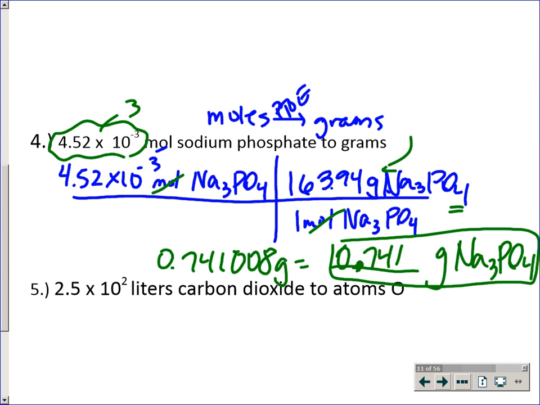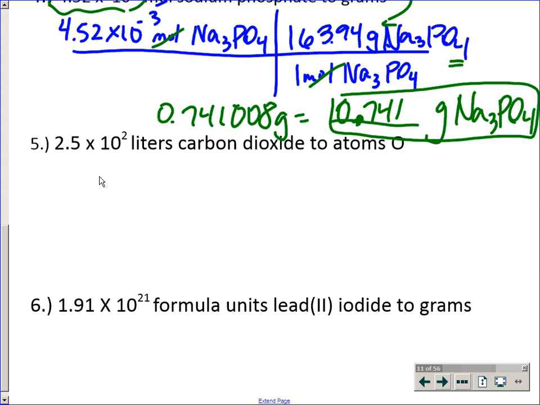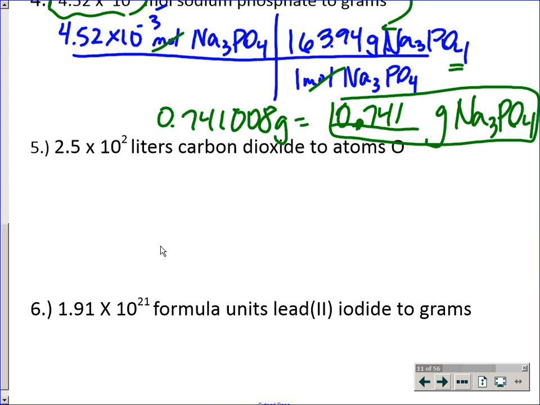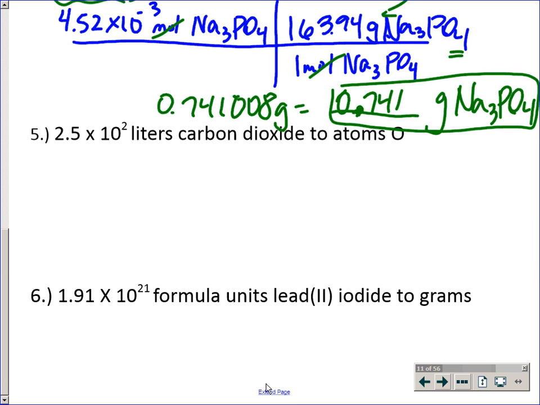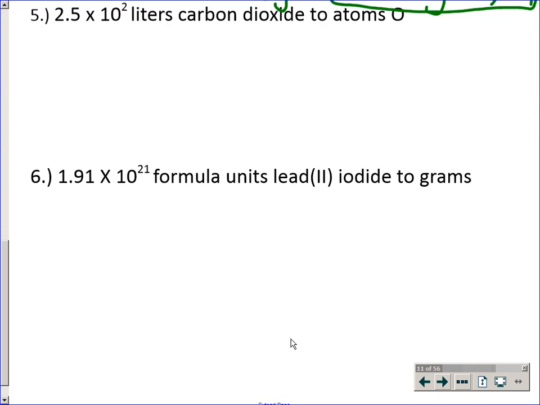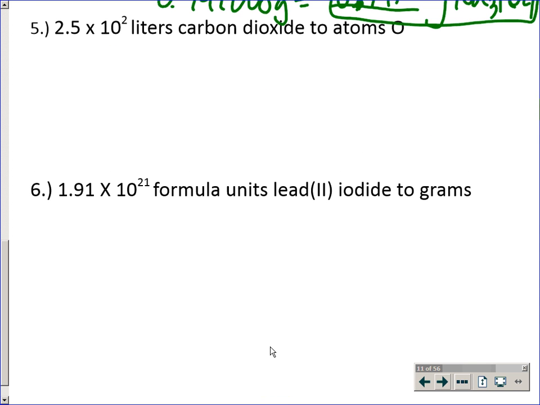All right, now go ahead and do 6. You can do 6 on your own. I need to show you 3 and 5 separately because they take it one step farther.